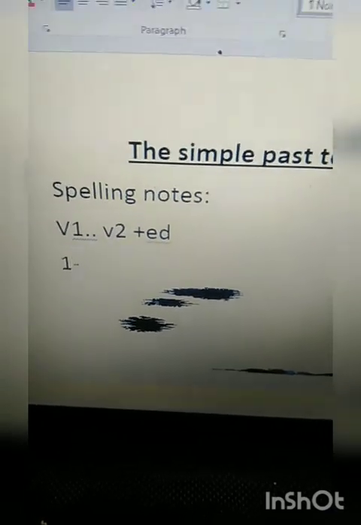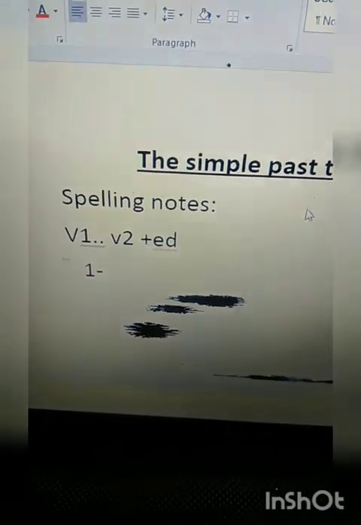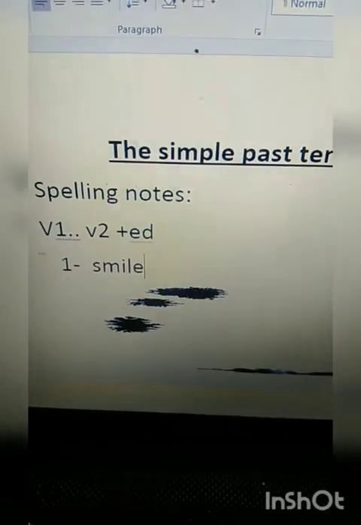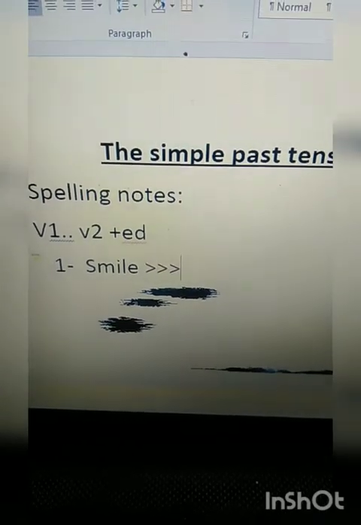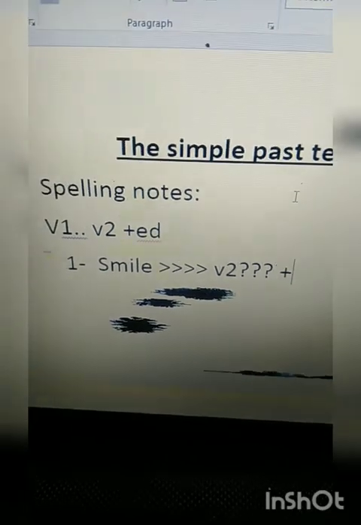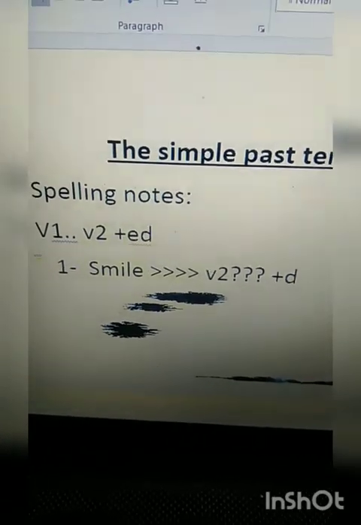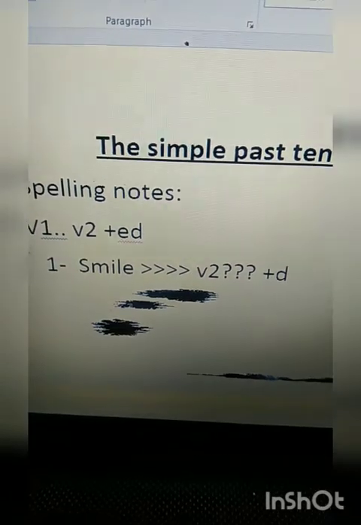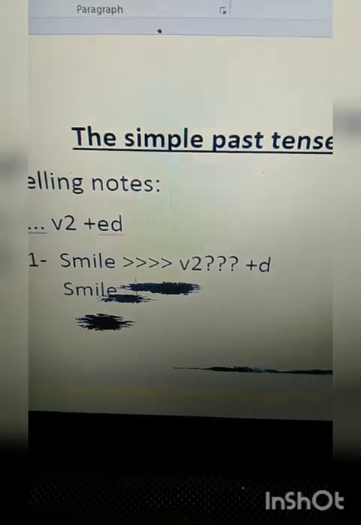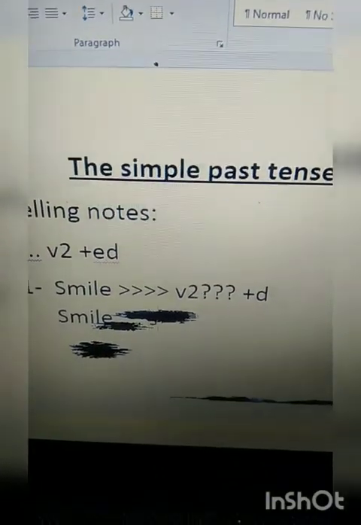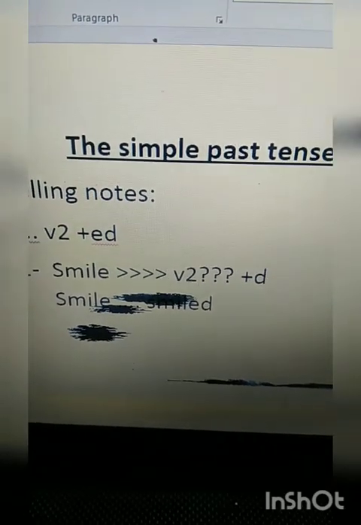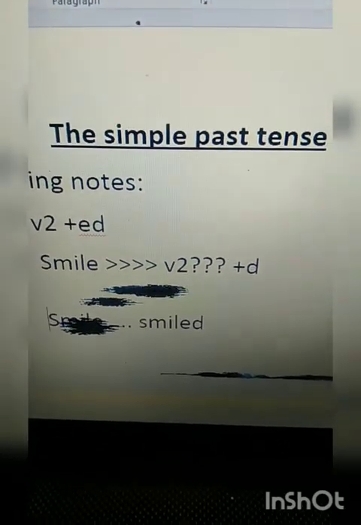But in some situations, if the verb ends with e, such as smile, and I want to change it to the past form of the verb, we only add d because we already have the letter e. So smile becomes smiled. Okay, we only add d to the verb.